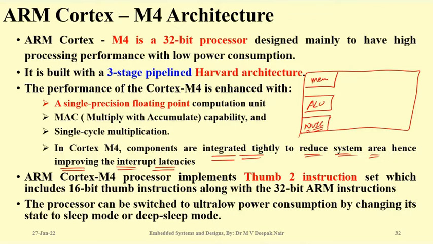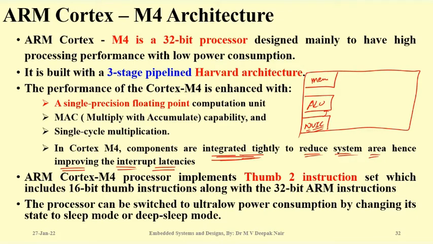So if they are close to each other, that means the interrupts will be listened to or served in a very short time period. So the latency, the delay to listen to an interrupt, is very small because of the tight integration of all components within the M4.